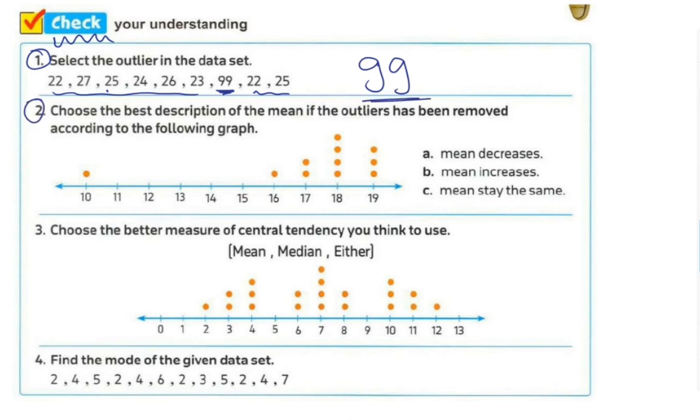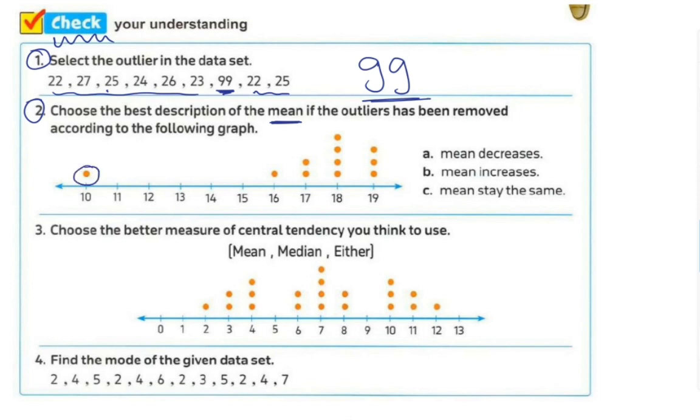Point 2. Choose the best description of the mean if the outlier has been removed, according to the following graph. Okay. Now I have this graph, and I have this outlier.